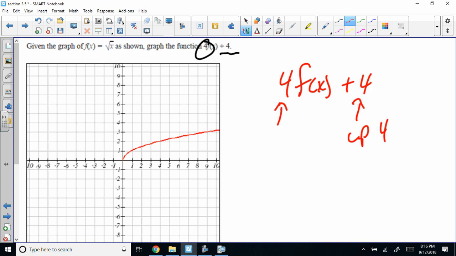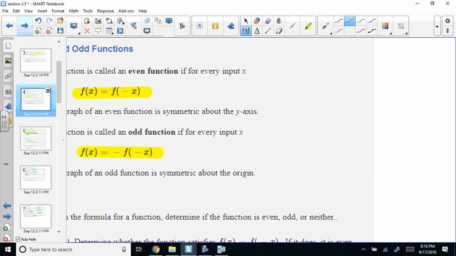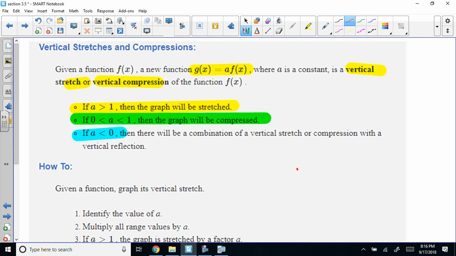It's something times the function, right? Was it a times the function? Was that how it was written? I don't know, you got to go look. It's this one, right? A. If A is greater than 1, it's a what? Vertical stretch. So what was A? A was 4, so there you go. Vertical stretch. Bada bing, bada boom. Y'all good?